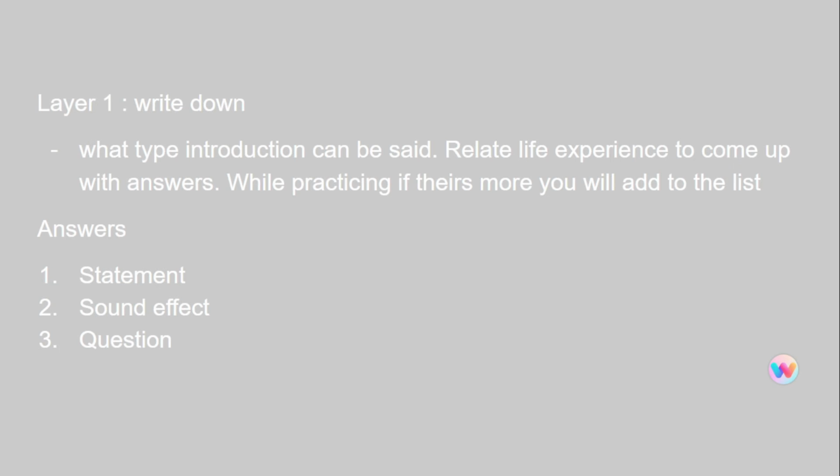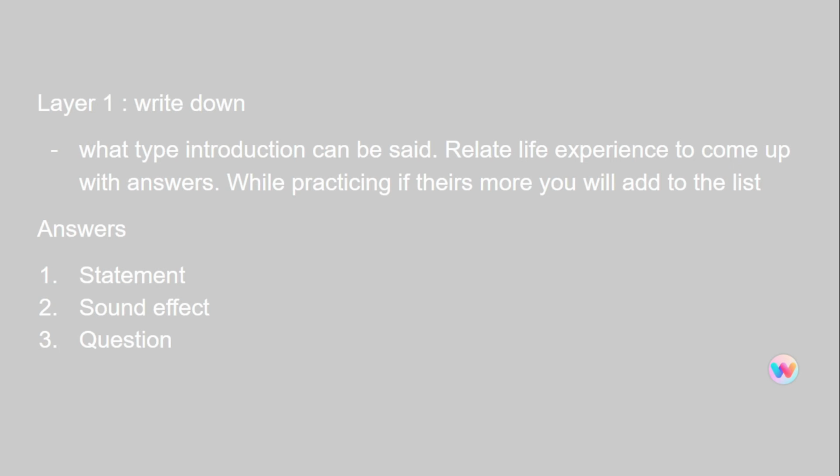So, first thing you do is write down what type of introduction can be said, and you do this by relating it to your life experience to come up with the answers. While you're in the field, or you're talking on Monkey, or out in the real world having a conversation, you can write more and add to the list.